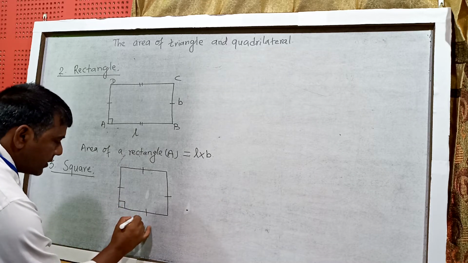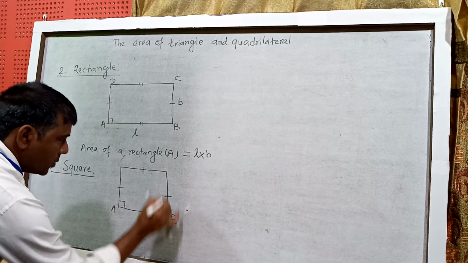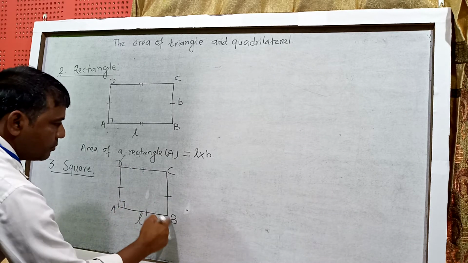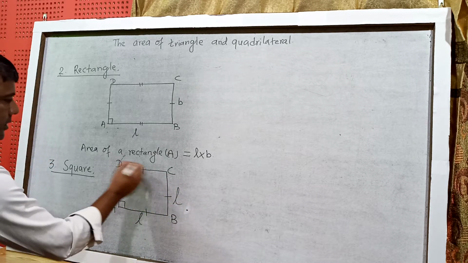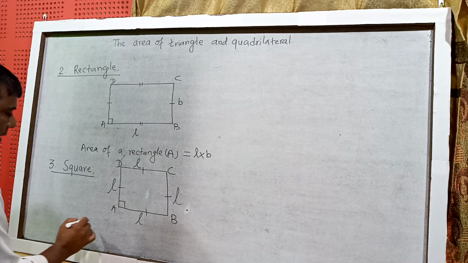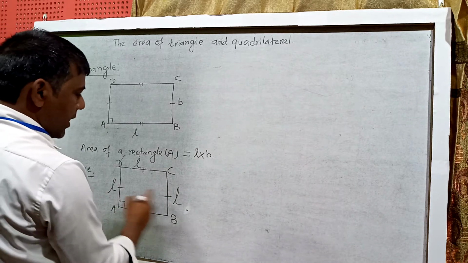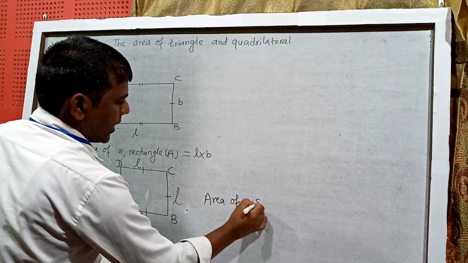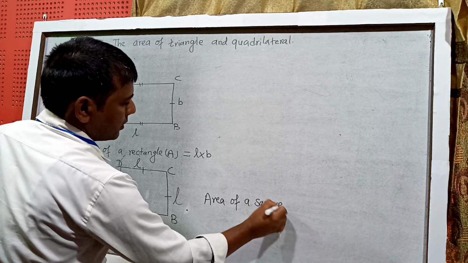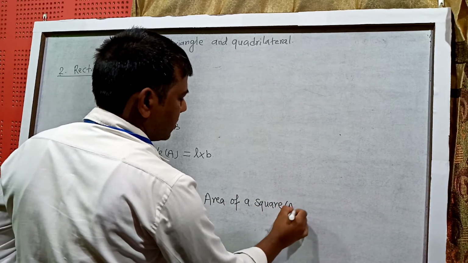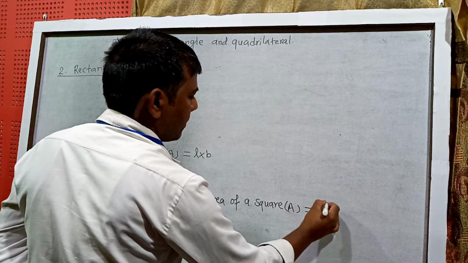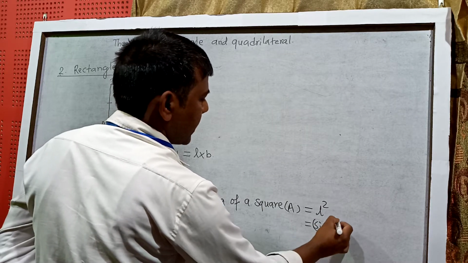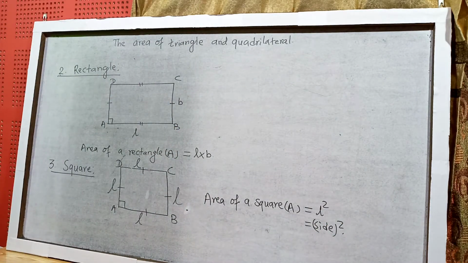In the square, all sides are equal, so we can suppose its sides by L. AB is L and BC is also L and CD is L and this is L. So area of a square A equals L square, or side square, length of a side square.